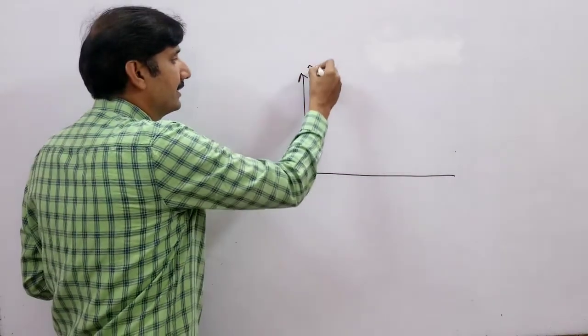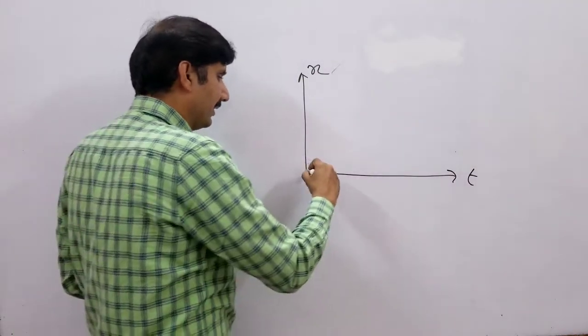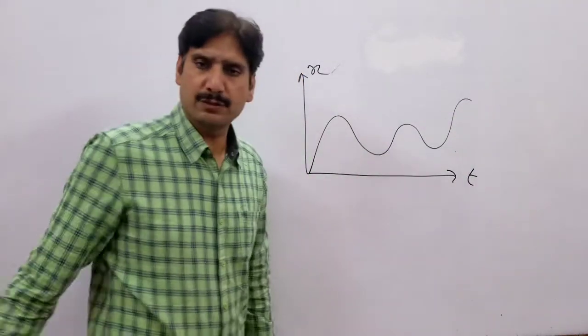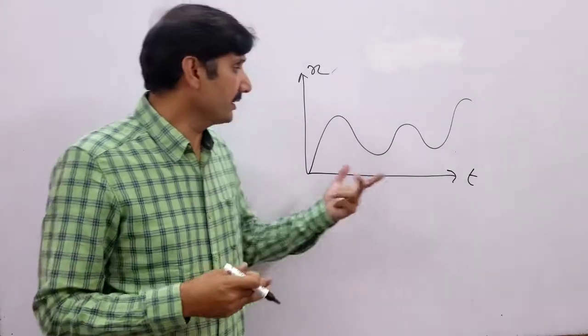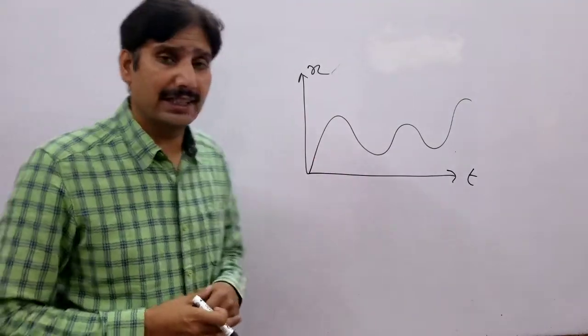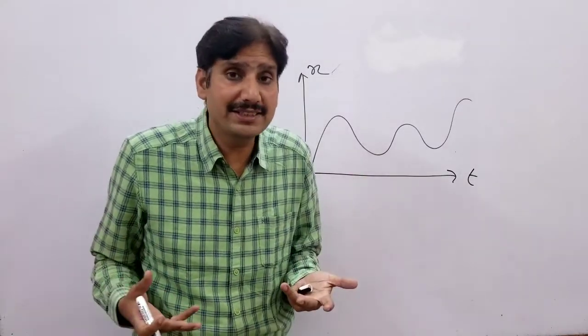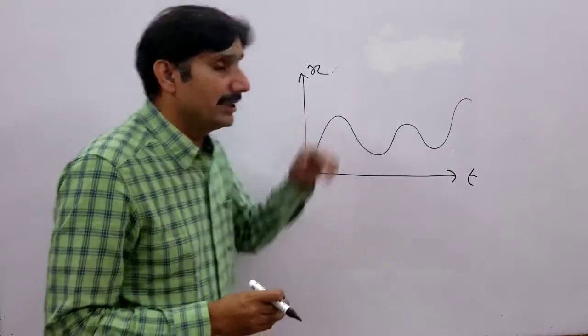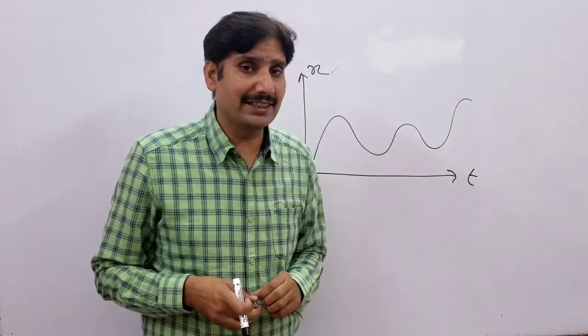Let's say this is the position time graph of a body, and the position time graph is like this. What information can you draw about the velocity of the body by looking at the curve? At what times was the velocity increasing, and when was it decreasing? Now the curve is going up. What does that mean? Does that mean that the velocity is increasing or decreasing?